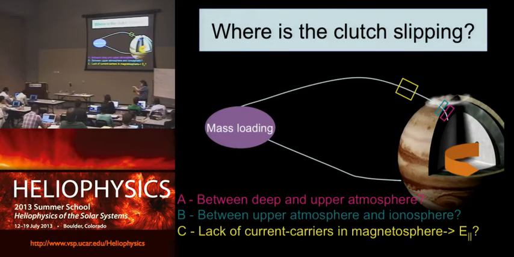You can't drive the currents, and you end up developing small-scale regions of parallel electric fields where you accelerate ions and electrons in opposite directions. And this is a natural feature of plasmas, which are not often talked about in global descriptions of structures, but you need it to have this breakdown in co-rotation, and we believe it's there.